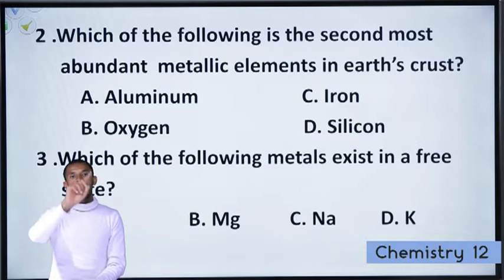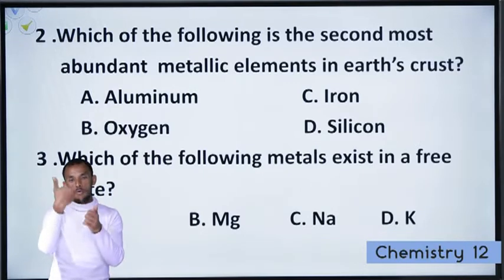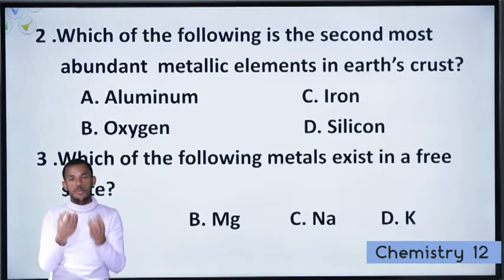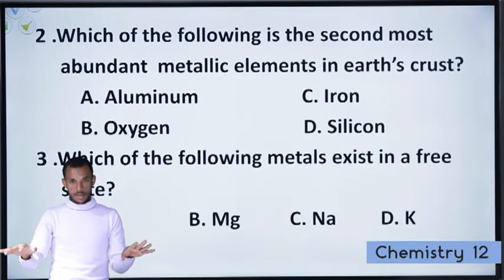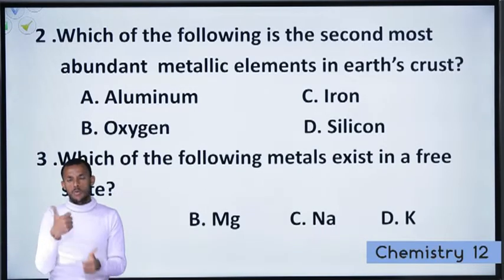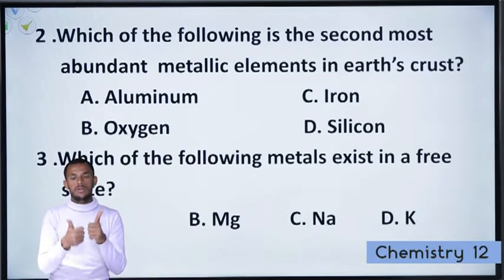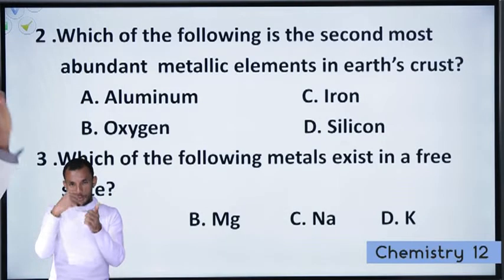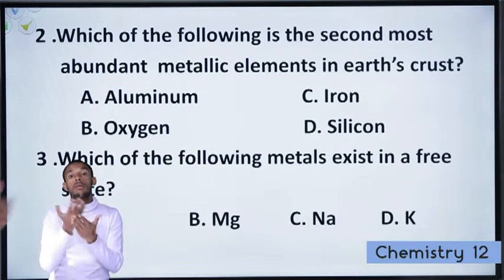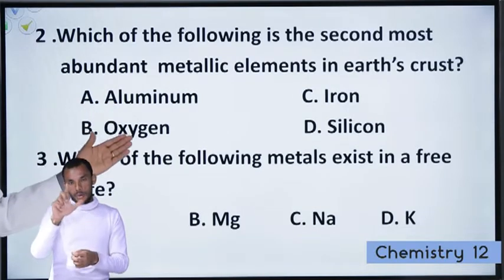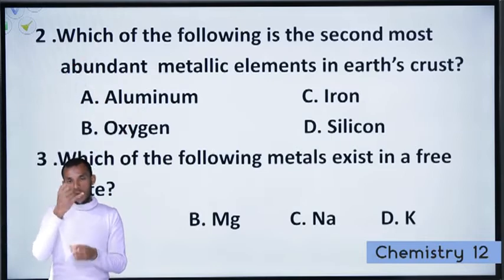Question number 2. Which of the following is the second most abundant metallic element in the Earth's crust? Aluminium, oxygen, iron, or silicon?